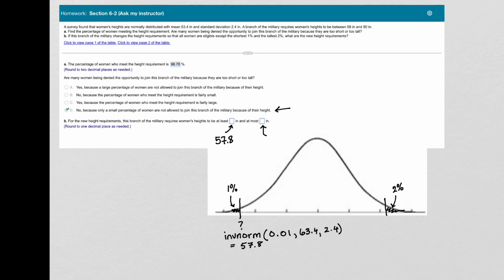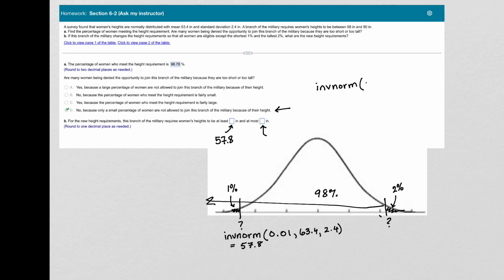And then at most how many inches? And let me put that up here. I'm going to say inverse norm. Shift this over. We're going to need more space for that. So now we want to find the height that falls just below the top 2%. So what we mean is we want the score above the bottom 98%, because 98 plus 2 gives me 100%.